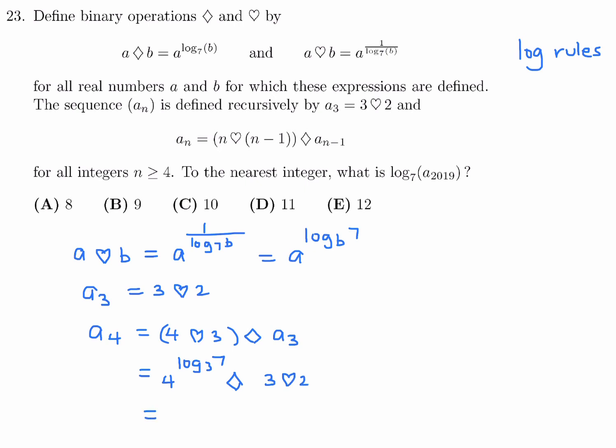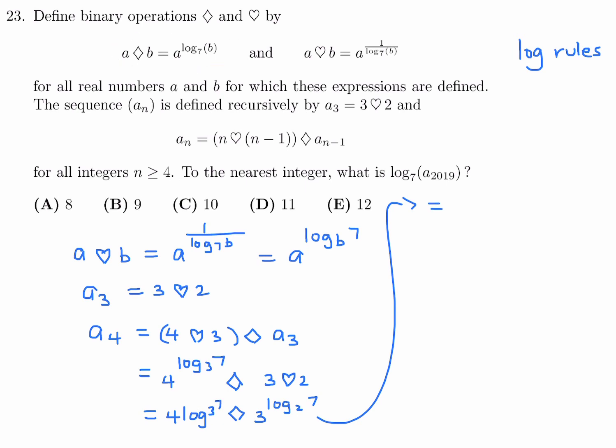Okay, and 3 heart 2 is going to be using, again, this rule. It's going to be 3 to the log of 7 to the base 2. And this is, of course, 4 to the log 7 to the base 3. All right, let's continue here. So now I've got to go back to my diamond rule. This is the diamond rule here.